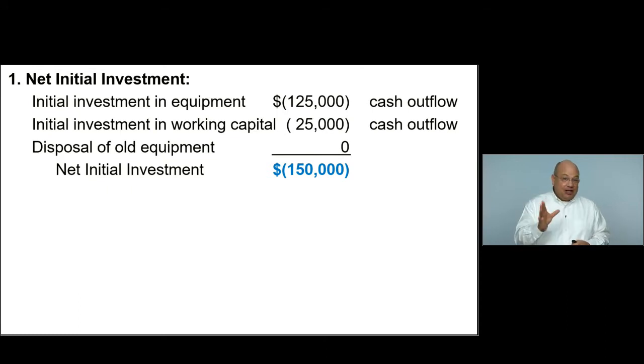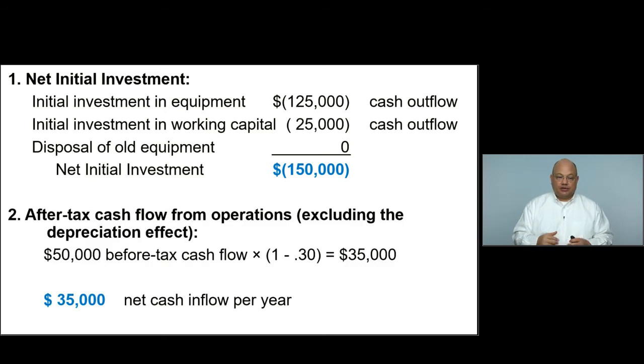But then every year during the project, we're going to have cash flows from operations. Now, there's different ways we can calculate the tax. It's not a difficult calculation, but this is just the cash flows that do not include the effective depreciation. This is just the cash flows from operations. We have $50,000 before-tax cash flows, and we have a 30% tax rate.